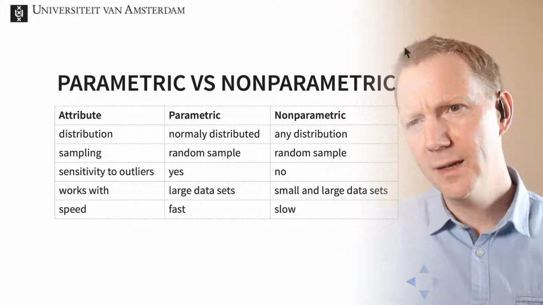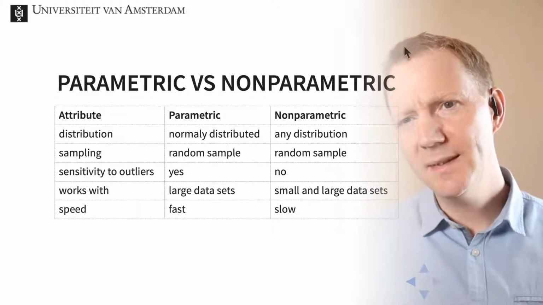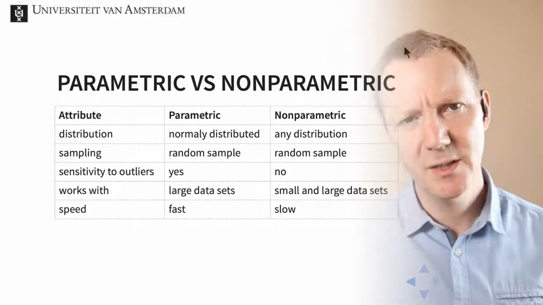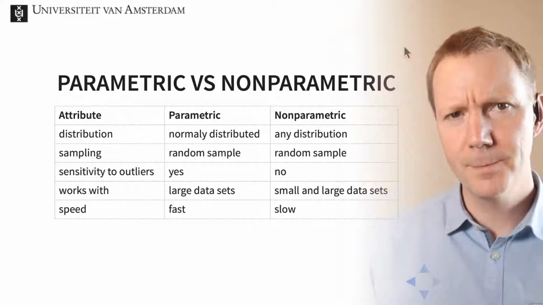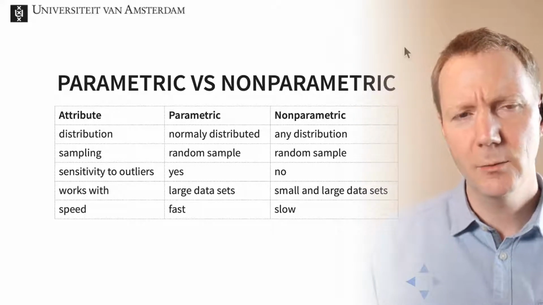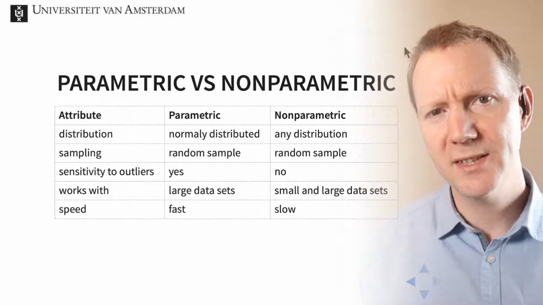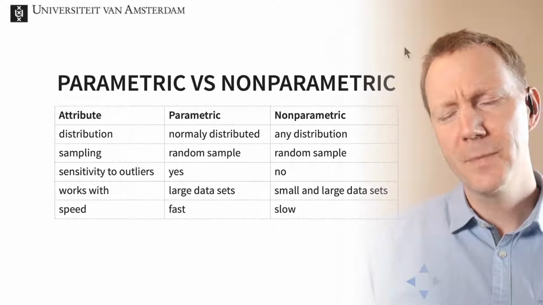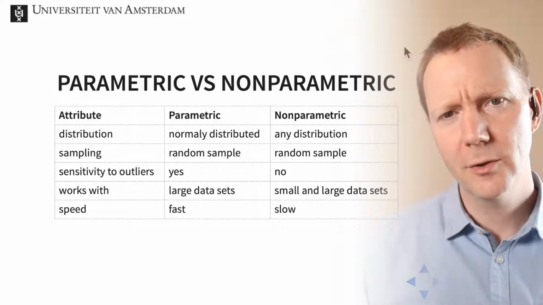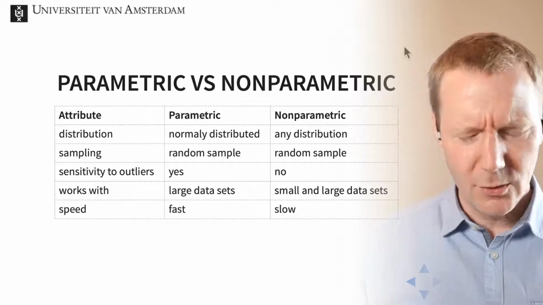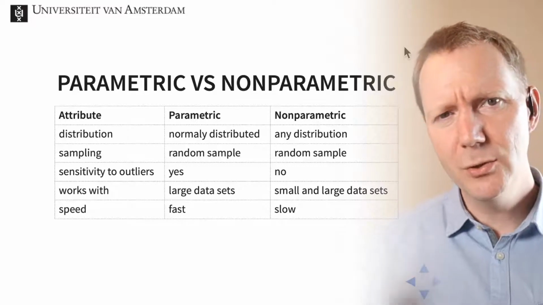The other thing that differs is the sensitivity to outliers. We're going to see when we go into the regression analysis that if you have an extreme outlier in your regression model, it skews the entire regression slope.